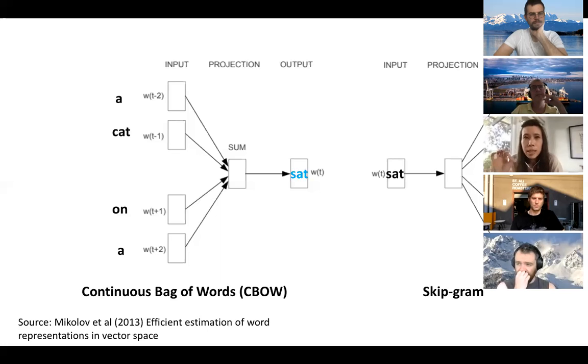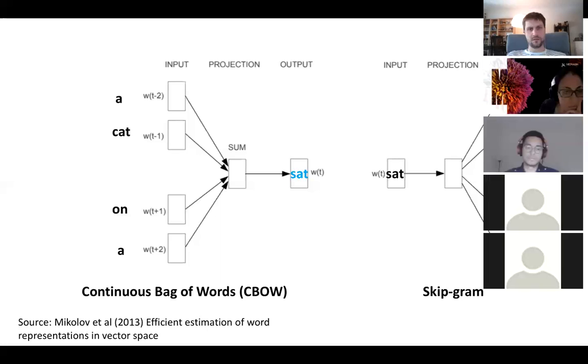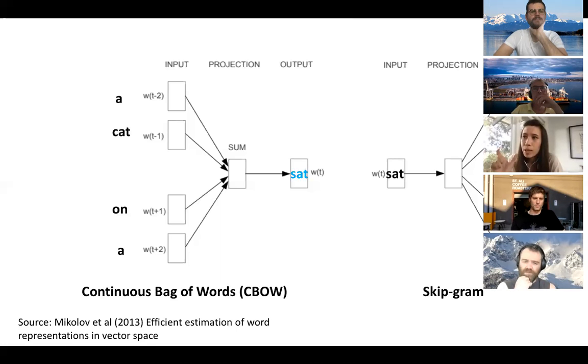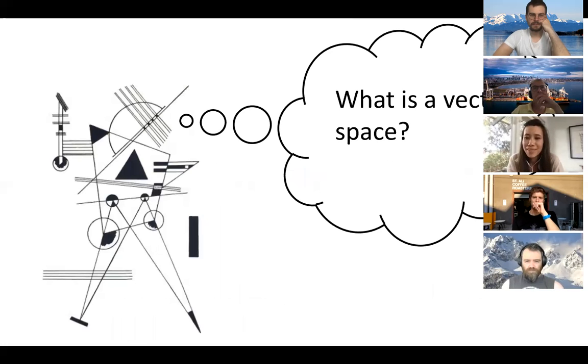But essentially, by training these models using a corpus of text data and the sliding window I mentioned to generate training examples, what we end up with are weights characterizing our embedding or vector space to represent our words. So what is a vector space?